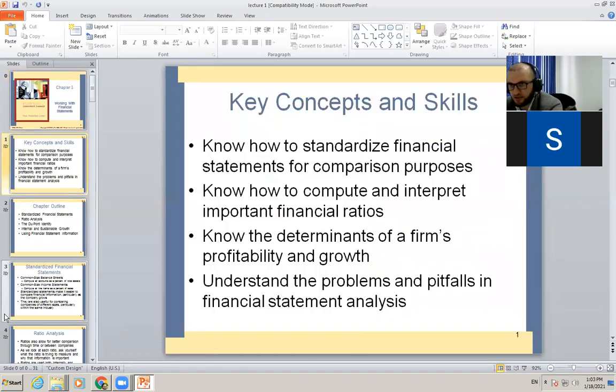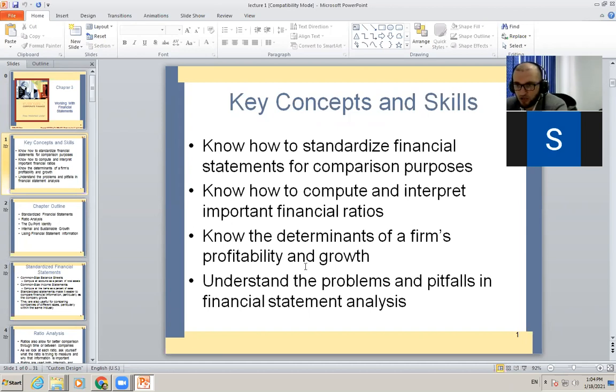We'll see the key concepts and the skills you will cover in here. You will know how to standardize the financial statements with the purpose to compare their performances. You will know how to compute and interpret some important financial ratios and what management tools are used to interpret and to improve these financial ratios.